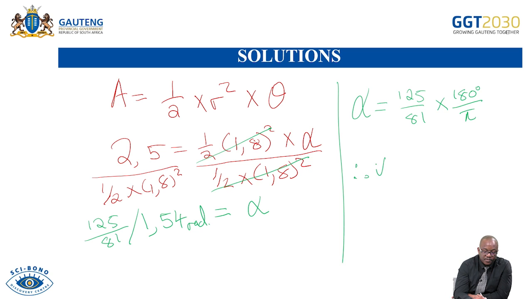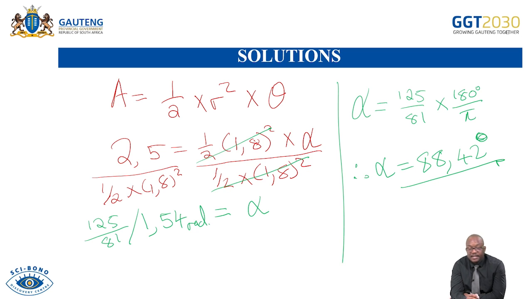Therefore, your alpha is going to be 125 divided by 81 multiplied by 180 divided by pi, and you will find that your angle there is 88,42 degrees. Your angle there in degrees is going to be 88,42 degrees.